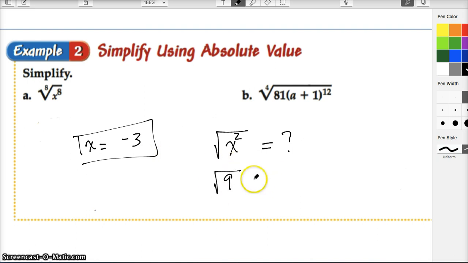And when I take the square root of 9, I get the principal square root, which is 3. I don't get negative 3. So technically, do you see what just happened there? By squaring that negative number and then taking the square root of it, I eliminated the negativity of the original number. I didn't get x back is what I'm saying.